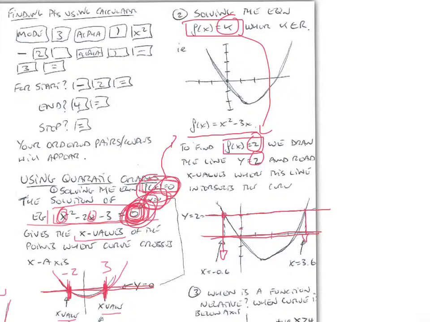And in this case, it's at x equals minus 0.6 and x equals 3.6. If we were asked to solve f of x equals minus 1, then we'd go down to minus 1 and we'd see where it cut the graph, and we'd find that value of x, and here we'd find that value of x as well.